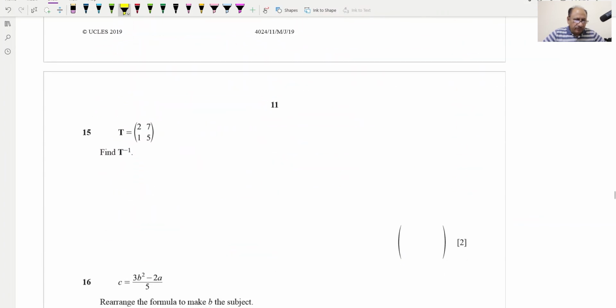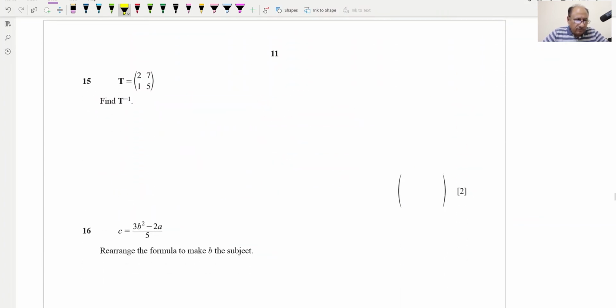Hopefully you understood this. Now this is question number 15, and it says this matrix T is provided, find T inverse.